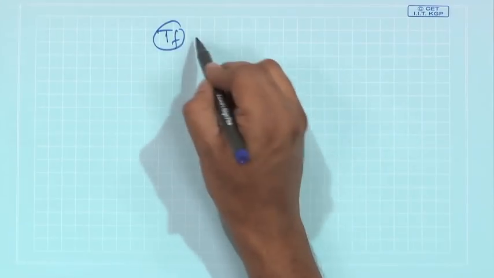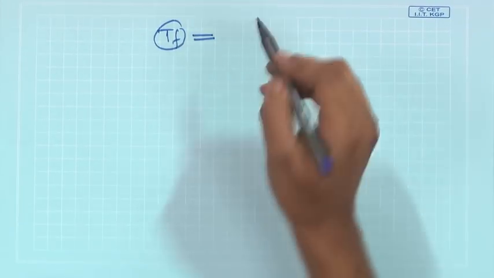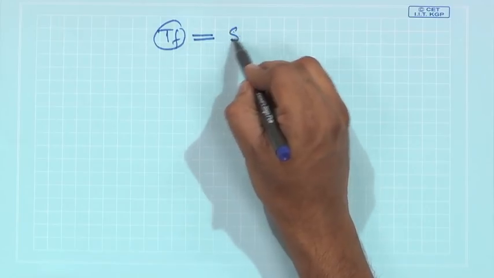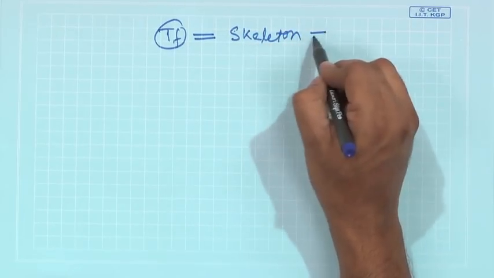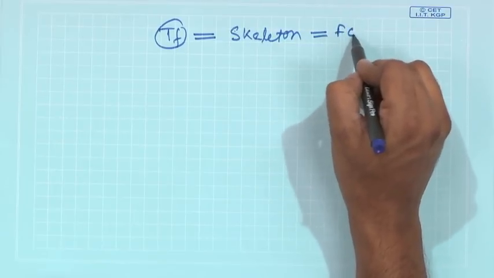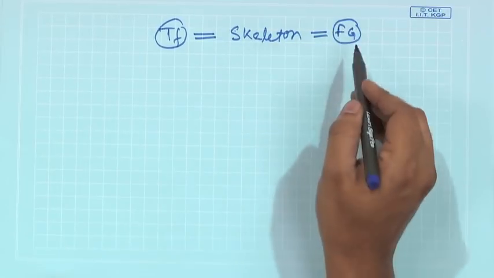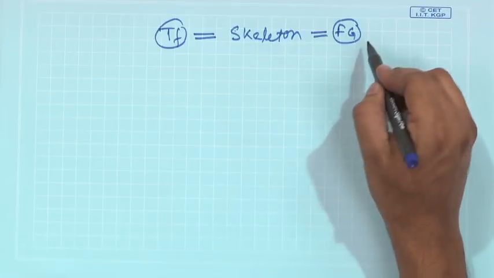So, it is basically pretty simple, and we will try to have a few more examples, but the take home message is that transformation is always correlated with the skeleton, and this is also correlated with the functional groups which were present in the particular target molecule.